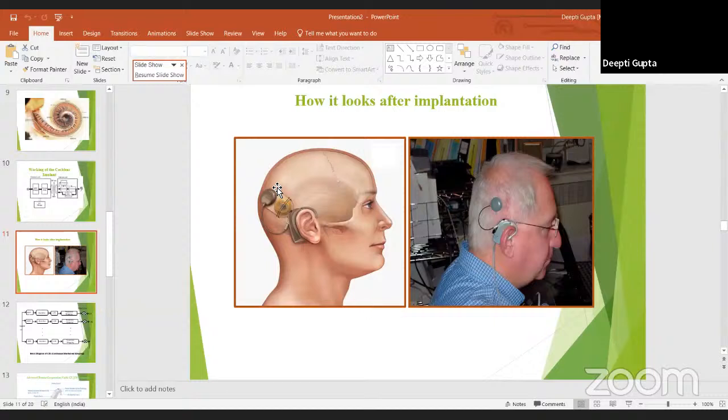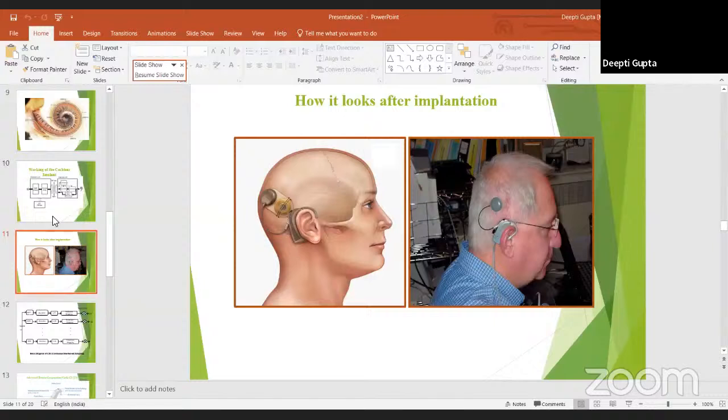There is a magnet on the inside of the ear and one outside the ear, both placed in the same place so that it will not fall. This is how it looks in a normal way.